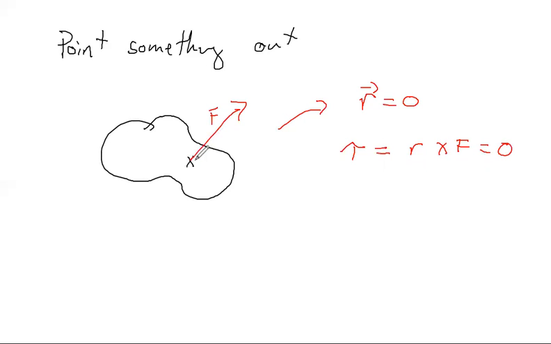So when you apply the force at the axis of rotation, no torque is generated. You only get torque if you apply the force away from the axis of rotation.